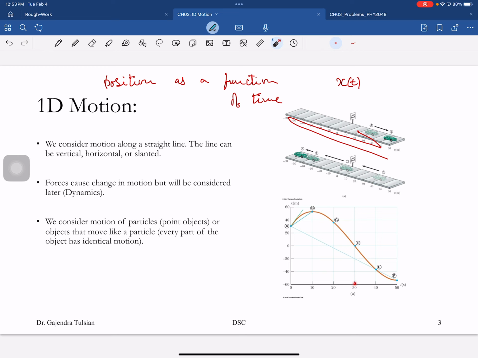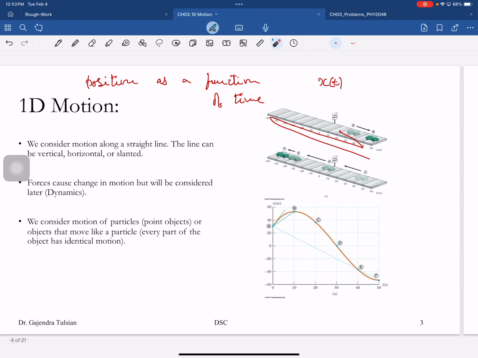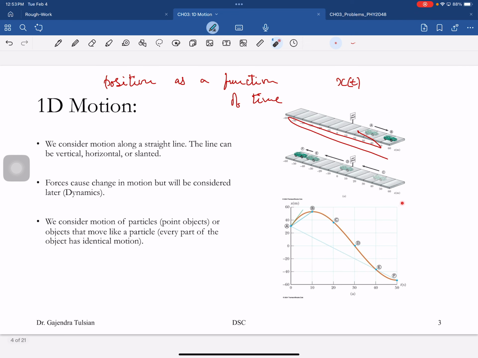If I wanted to calculate the velocity at this point, go there, draw a tangent line, the slope is negative, meaning the object is traveling to the left, and that is true. See, its x-coordinate is decreasing. Okay? So either a graphical representation or a functional form, those are the most useful pieces of information. In fact, this is the most useful piece of information. Okay?